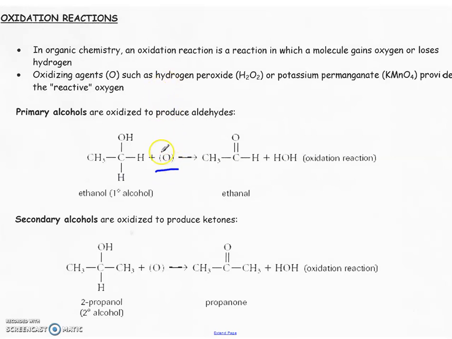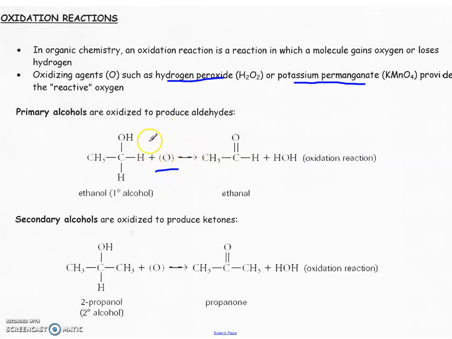So where do we get this reactive oxygen from? There are 2 sources. There are many oxidizing agents that can be used, but there are 2 general sources that are quite easily available. One is hydrogen peroxide, and the other is potassium permanganate. So the reaction will never say plus hydrogen peroxide or plus potassium permanganate.